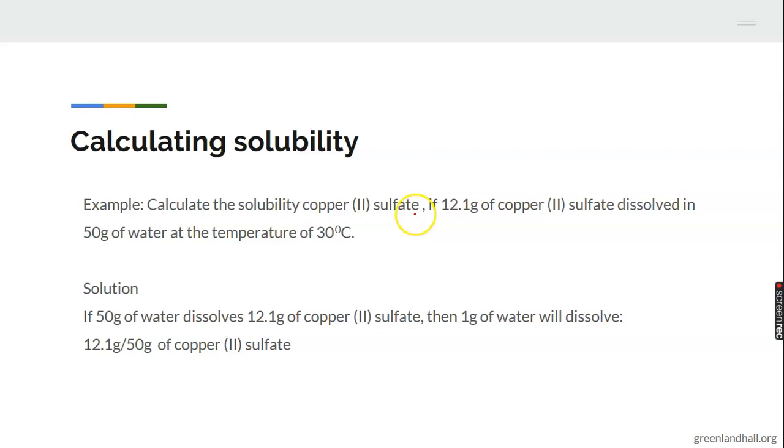So, calculating solubility, we're going to look at the first example, which says: calculate the solubility of copper 2 sulfate if 12.1 grams of copper 2 sulfate dissolved in 50 grams of water at the temperature of 30 degrees Celsius.